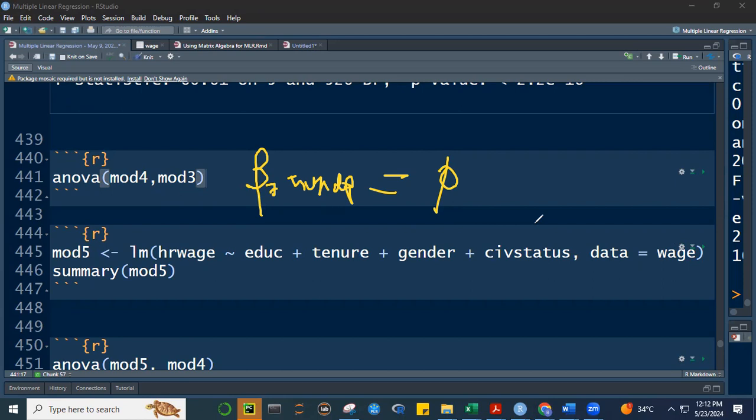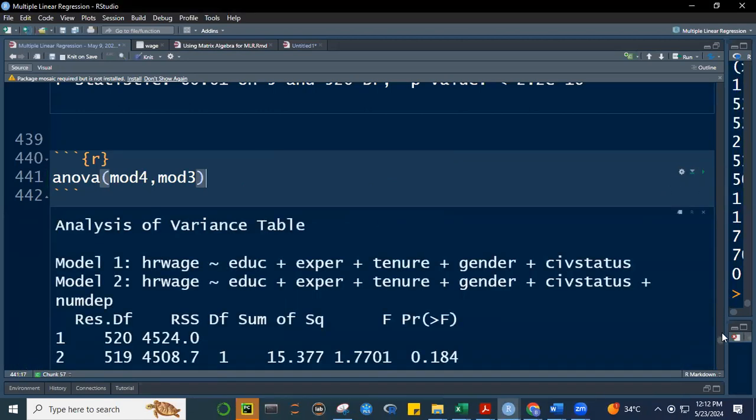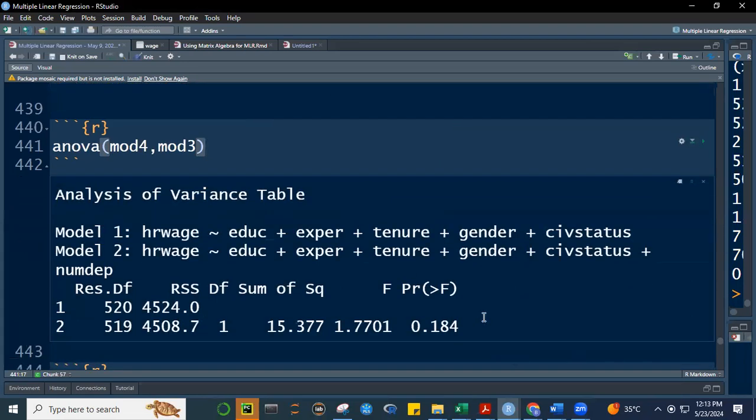Okay? So if we fail to reject this, then we are saying that statistically this is equal to 0. If this is equal to 0, then the restricted model is better, because the restricted model did not include number of dependents. The unrestricted, which is model number 3, still includes number of dependents. Okay, so if I run this, take a look.